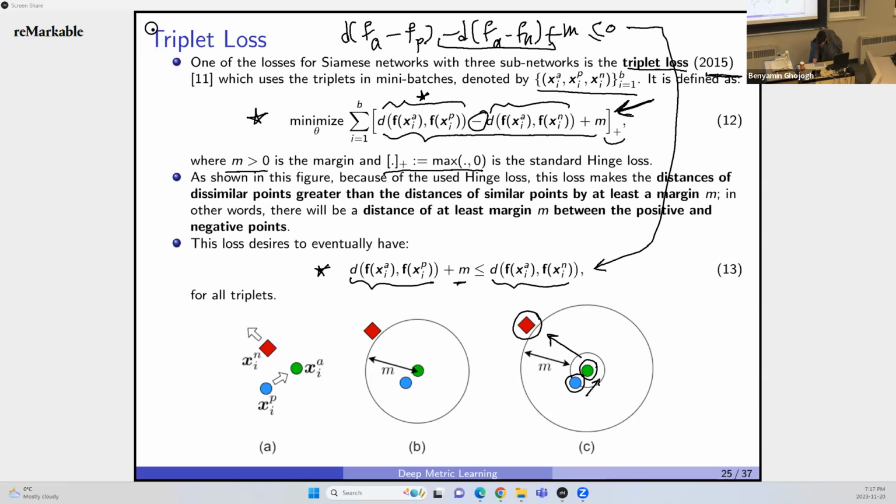I'm also pushing this toward this, right? Until the distance between positive and negative becomes m, right? What is m here? It is the difference between the distance of anchor and negative and the distance of anchor and positive, right?